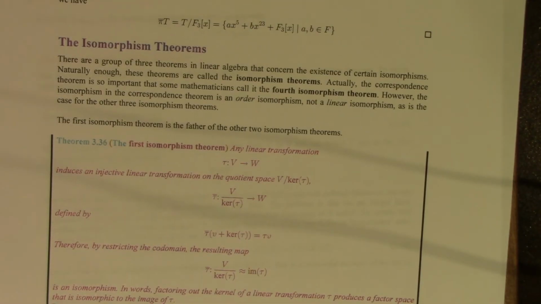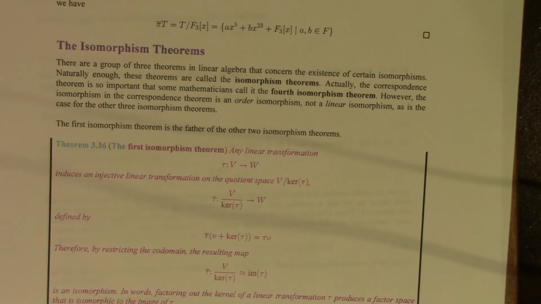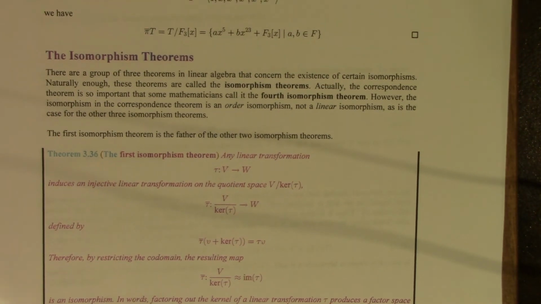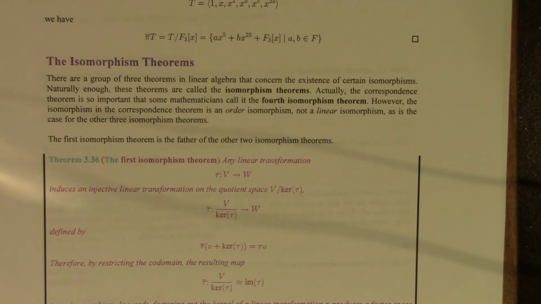There is a group of 3 theorems in linear algebra that concern the existence of certain linear isomorphisms, unlike the correspondence theorem, which concerns the existence of an order isomorphism. Naturally enough, these 3 theorems are called the Isomorphism Theorems.